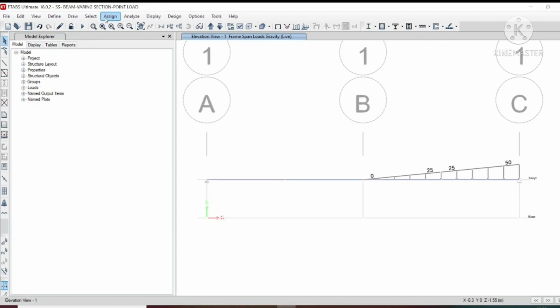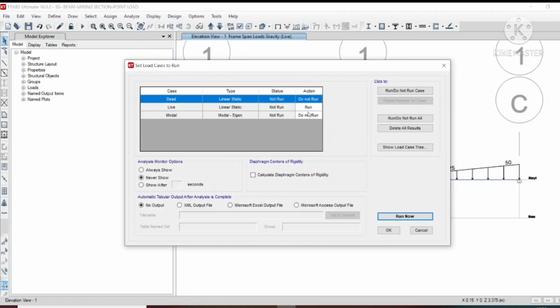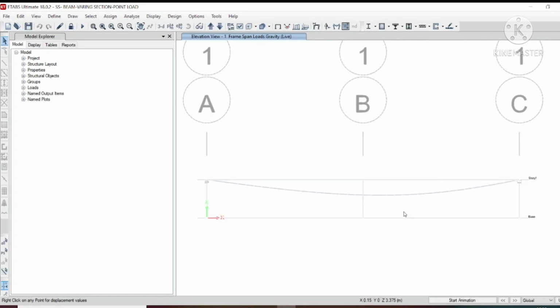If you analyze this, we have applied the member property, support condition and load. So let us analyze. Yes, our analysis is over.